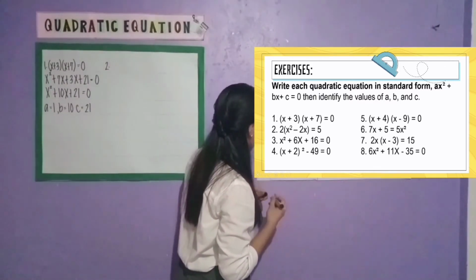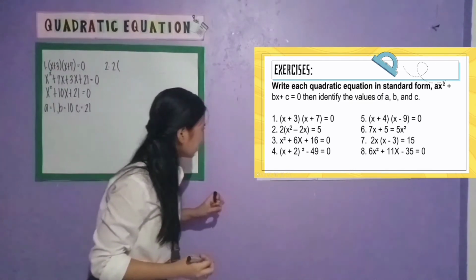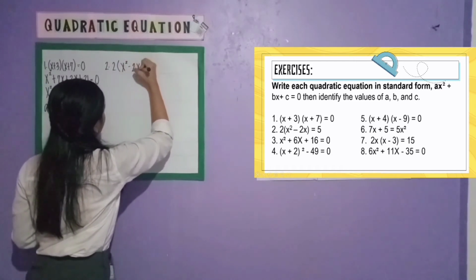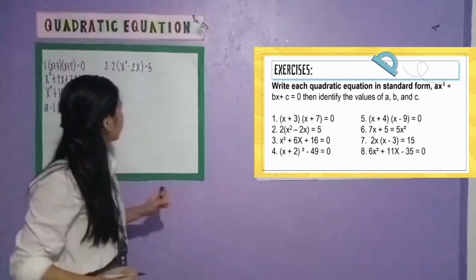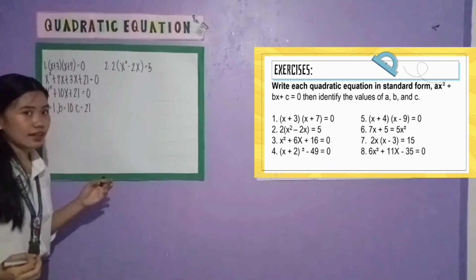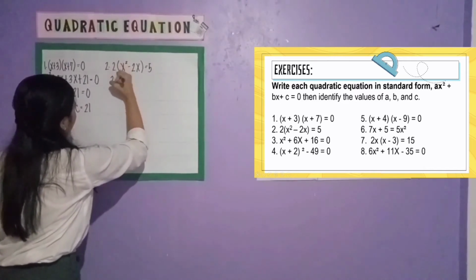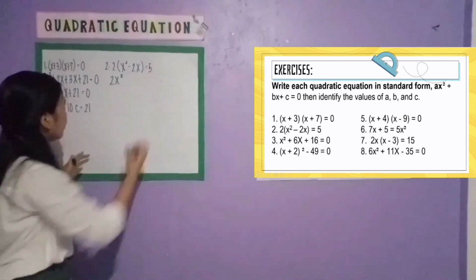The second question is 2 times the quantity of x squared minus 2x equal to 5. So, we just have to multiply 2 by x squared. The answer will be 2x squared.